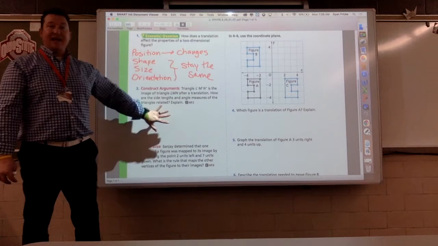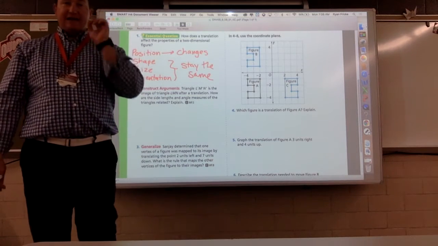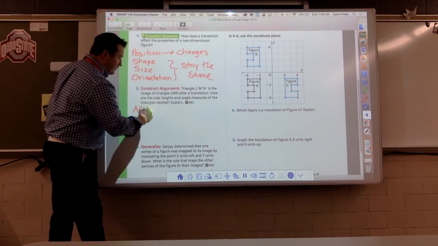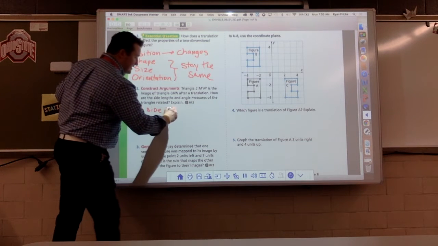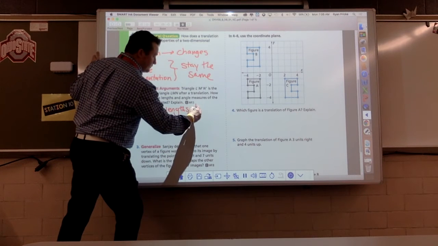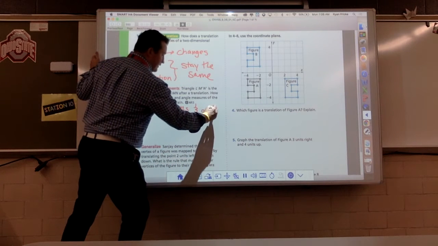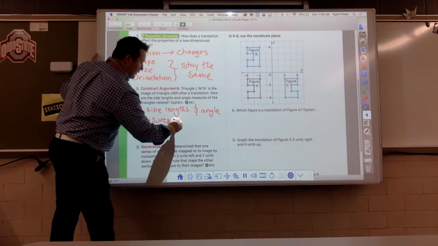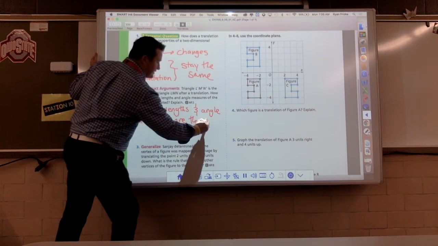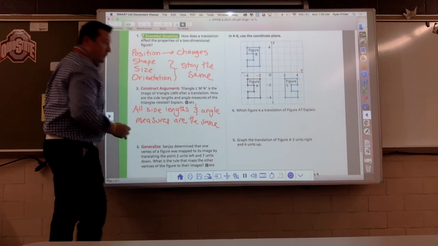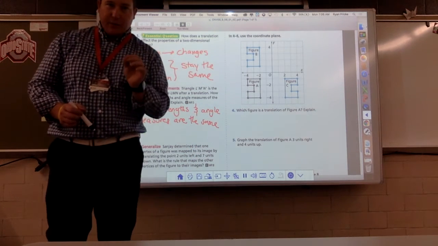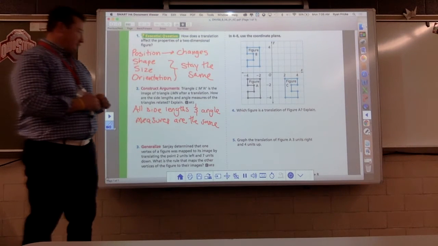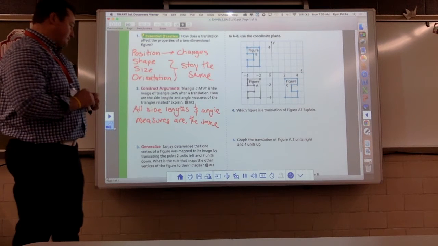The side lengths and angle measures are identical. They haven't changed, so we'll say all side lengths and angle measures are the same. We could use a fancy word called congruent. We will get into that later on in chapter 6. Maybe too much for today.